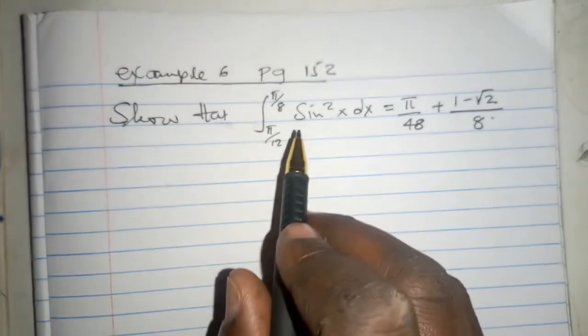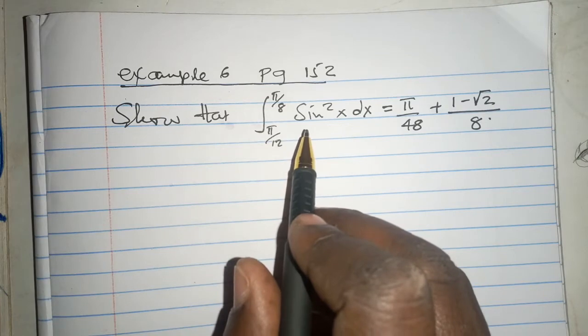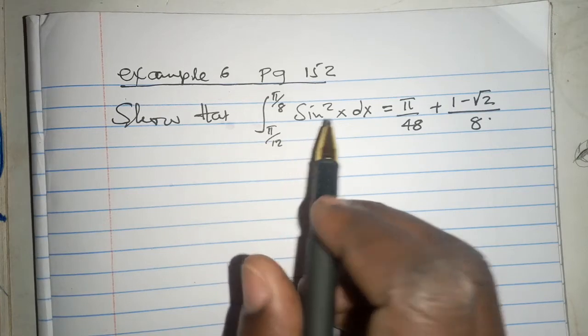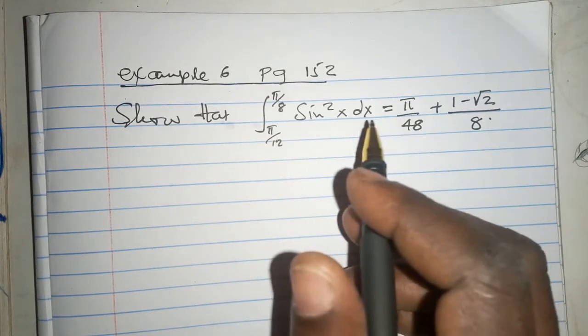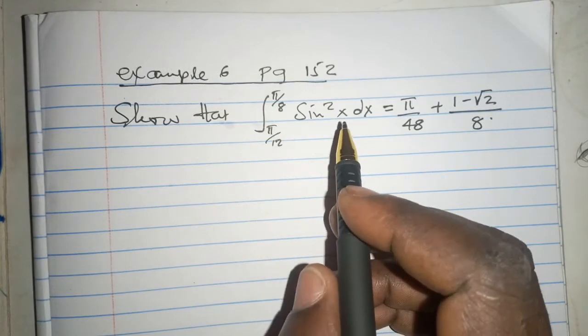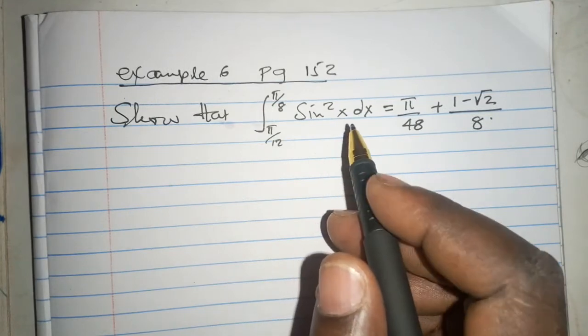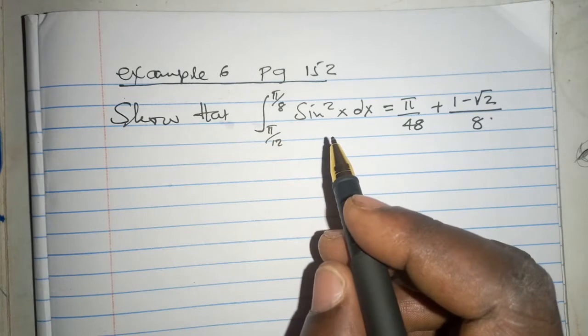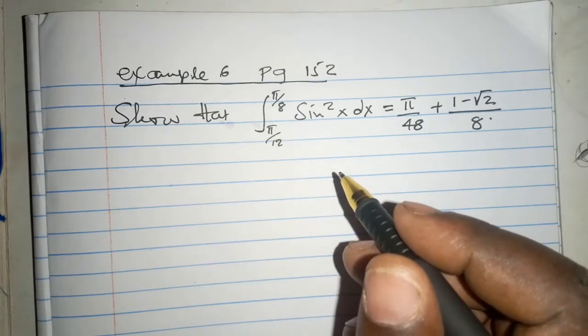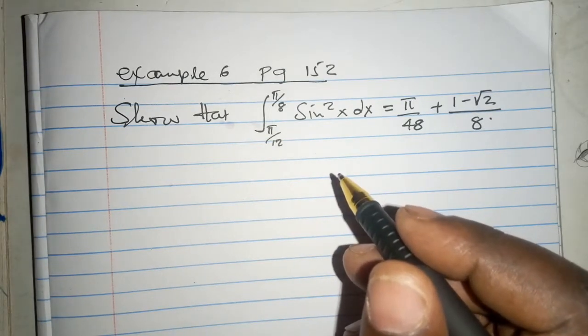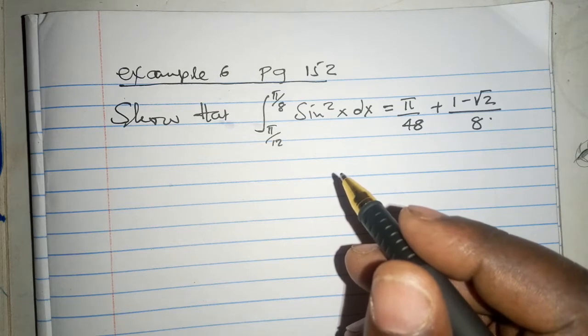Step by step. You realize that we do not have a direct integral of sine squared x. We don't have that prior knowledge. But we recall that sine squared x can be written in many forms.